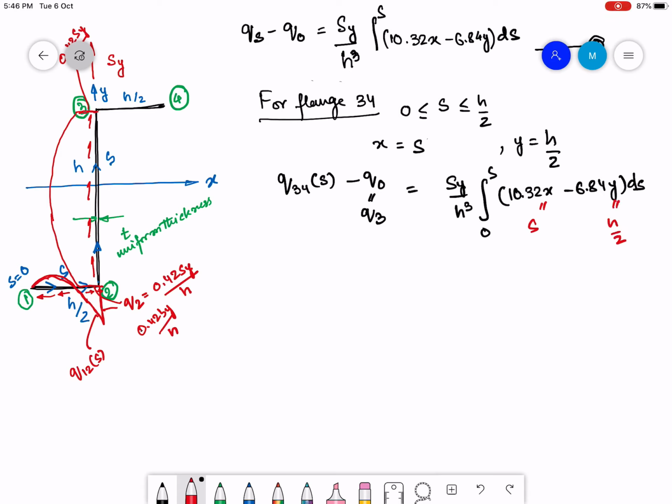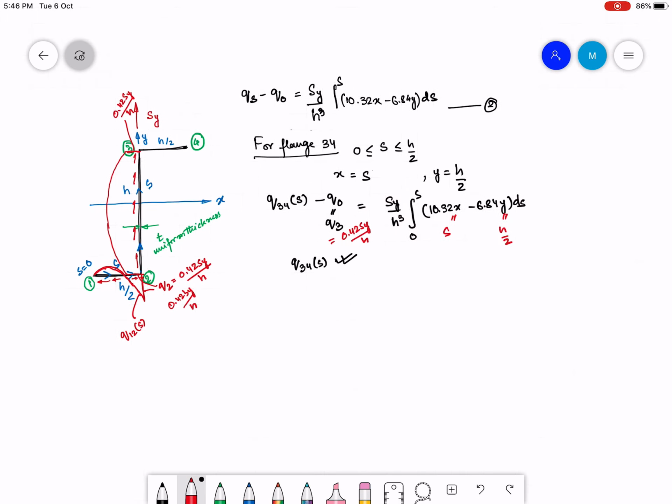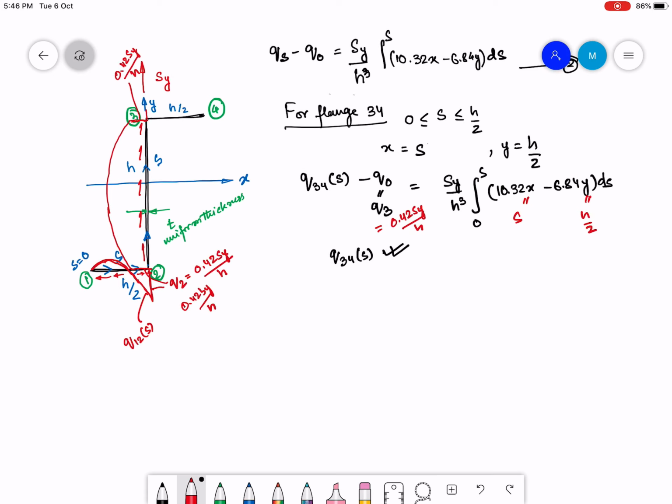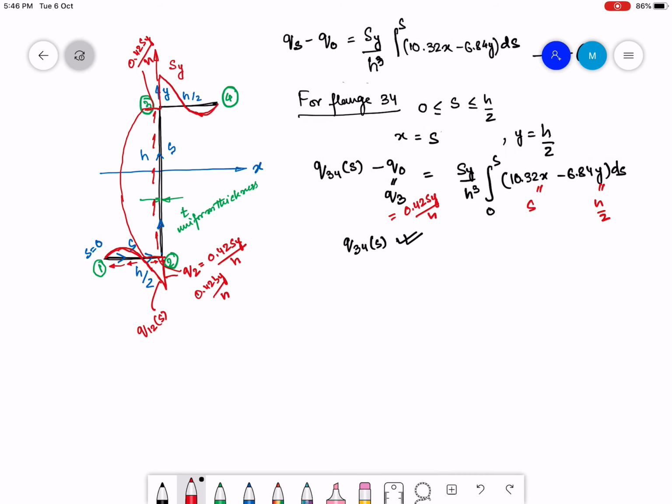You can very easily find out Q34(S), because I know Q3 is 0.42 Sy by H. But we can also say, because of antisymmetry, the distribution of the shear flow in this cross section is going to be just antisymmetric of this, and this is going to look exactly similar to the bottom flange, only the direction is going to be different.